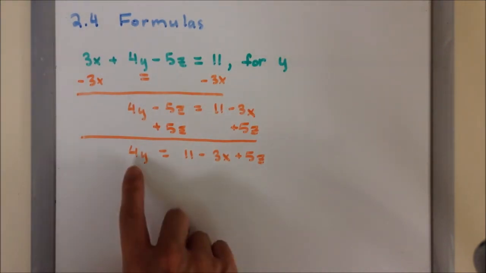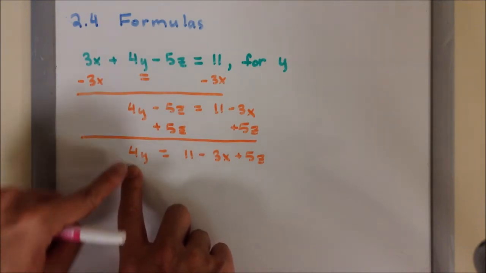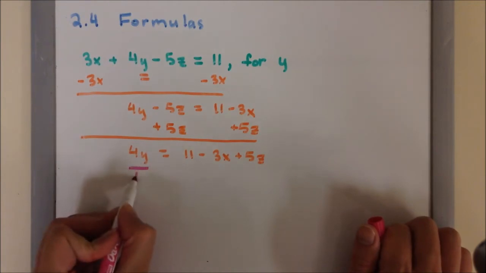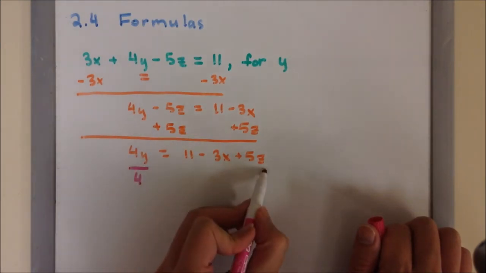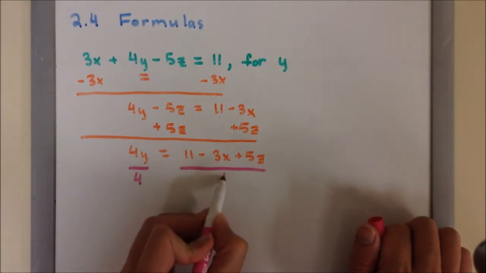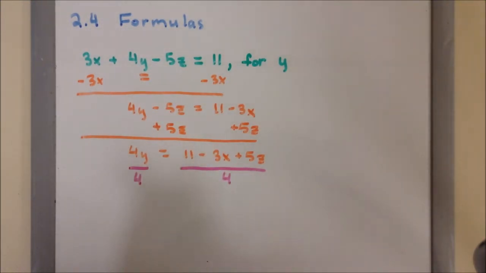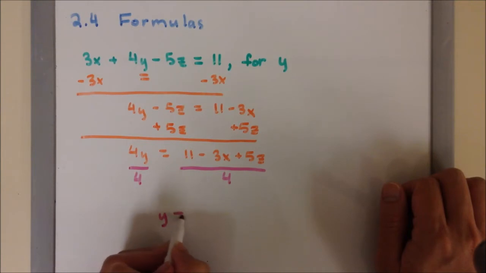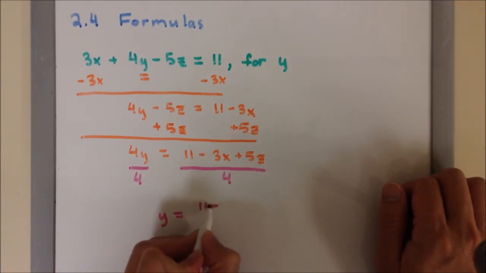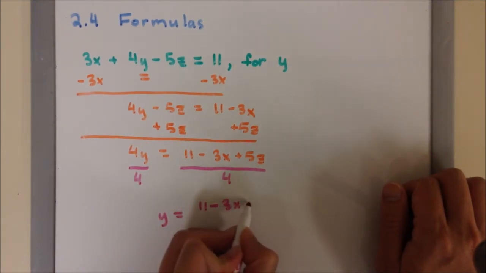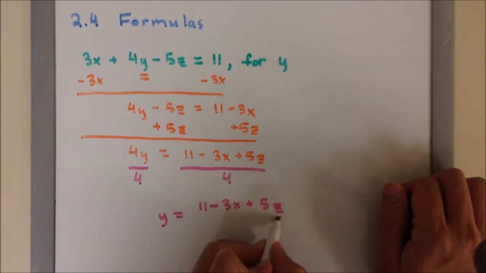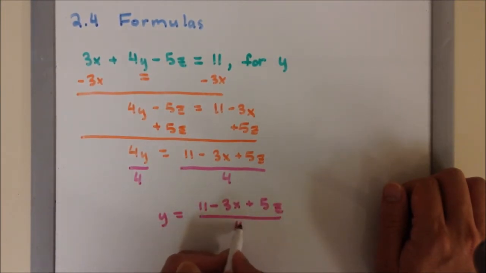Now we are almost done getting the y by itself. In order to get y by itself, I need to get rid of this 4. So I'm going to divide the left side by 4, and then the right side by 4. So we're going to have y equal 11 minus 3x plus 5z, the whole thing divided by 4.